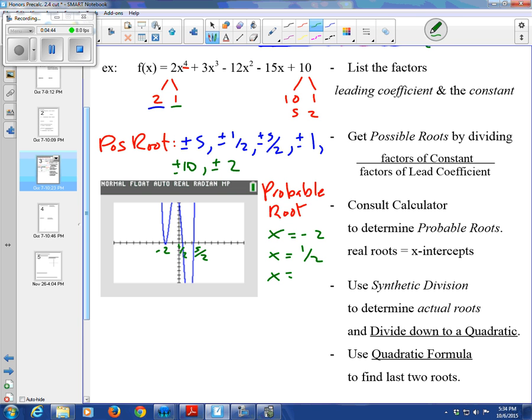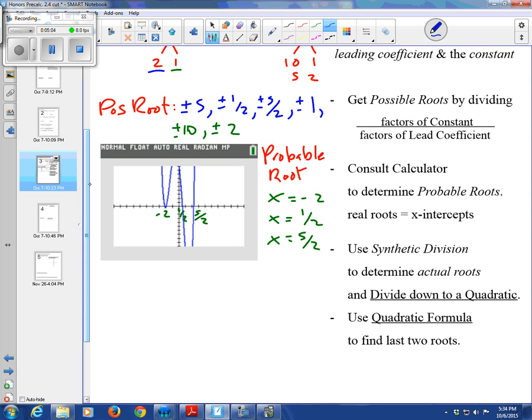So x equals 5/2. Now we're going to use synthetic division to determine which of these probable roots are actual roots. If any of these probable roots are actual roots, when we use synthetic division we're going to get a remainder of 0, and then we will have effectively divided out the linear factor that the root represents.